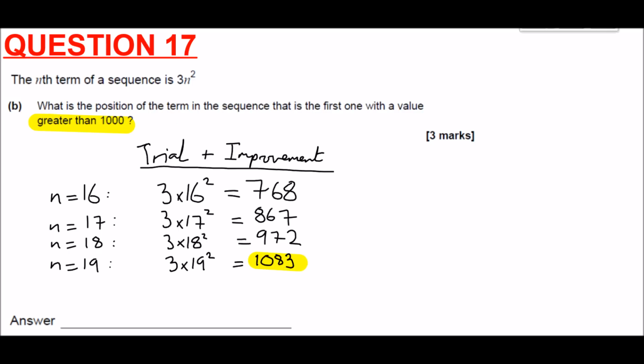And the position of the term is it's the 19th term. When n is 19, we get the first value that's bigger than 1000. And so our answer is either 19 or just something along the lines of saying it's the 19th term.